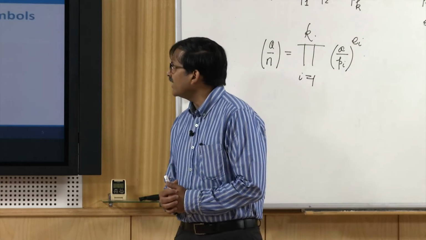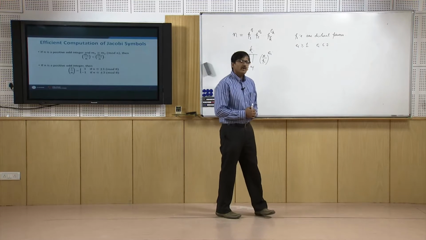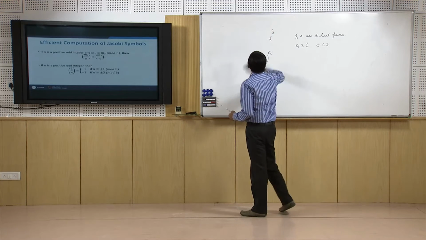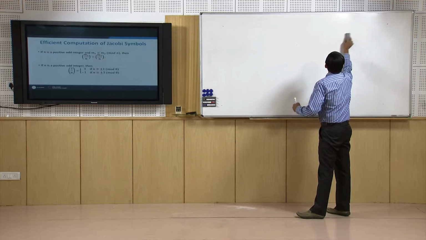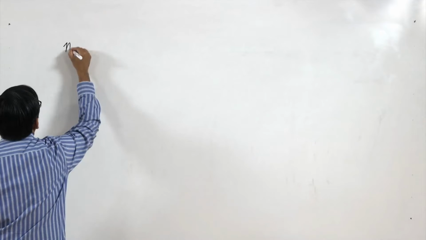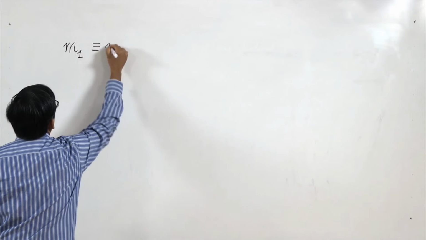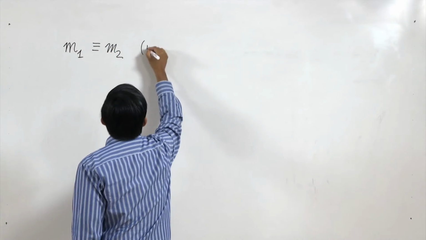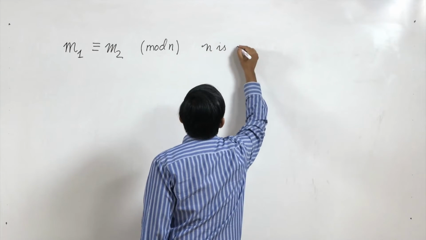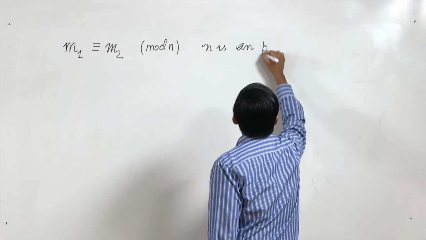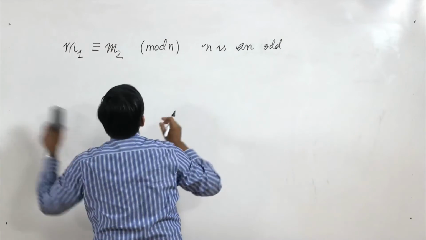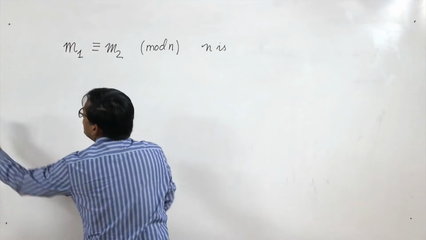It is like this: if our starting point n is an odd positive integer, then if there are two integers m1 and m2 which are congruent to each other mod n, let me write like this, n is a positive odd integer.